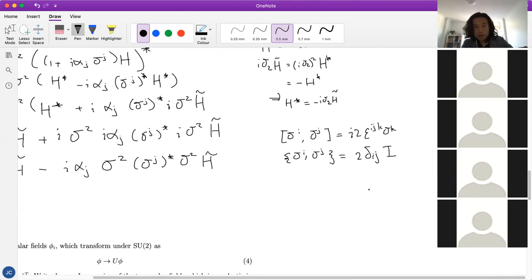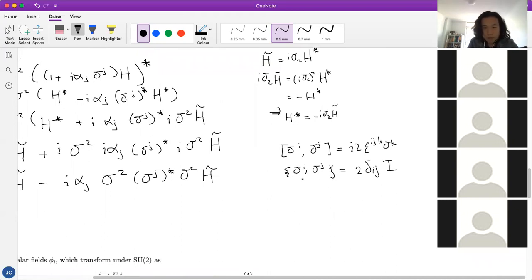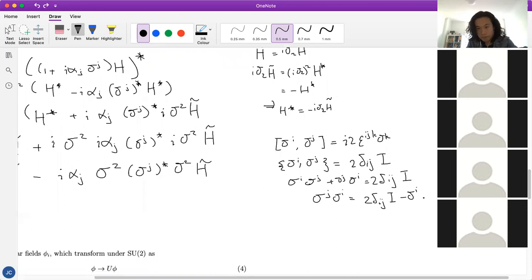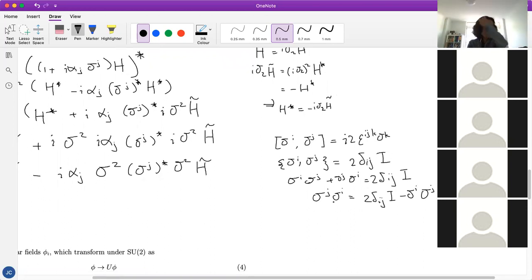Okay, so having these two, let's first work with the anti-commutator. Sigma i, sigma j plus sigma j, sigma i is 2 delta ij I. And then now I rearrange to say sigma j, sigma i is equal to 2 delta ij I minus sigma i, sigma j. Using this identity, I'm going to plug this into the left-hand side of the commutator.